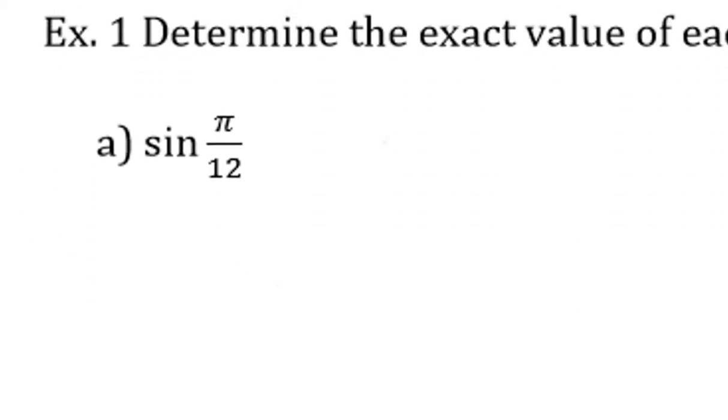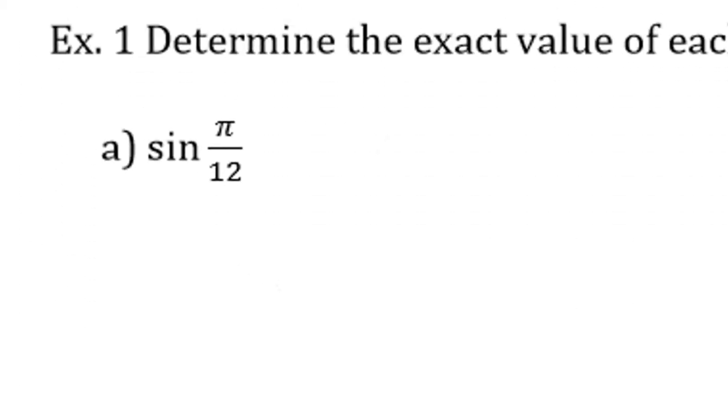So here we go. We've got a sine of pi by 12. The last one we did, I believe, 4 pi by 12 minus 3 pi by 12. So how about we do this one as 3 pi by 12 minus 2 pi by 12.